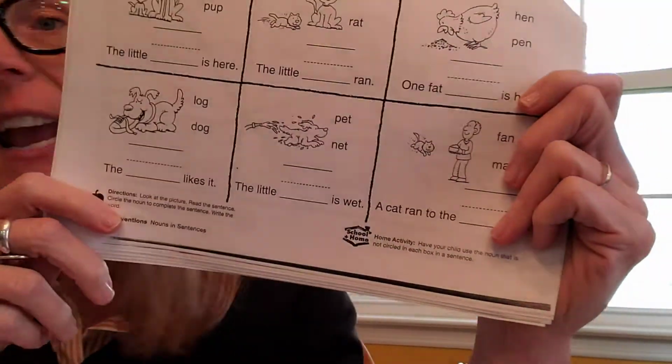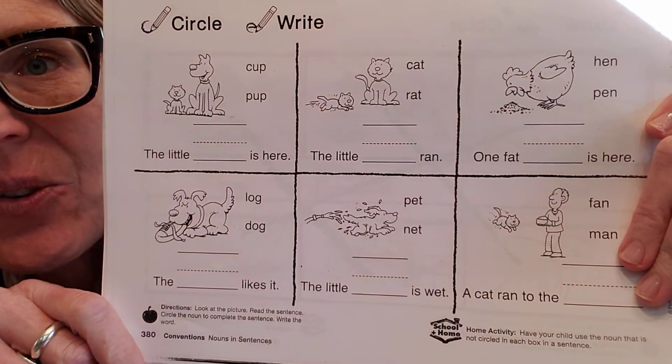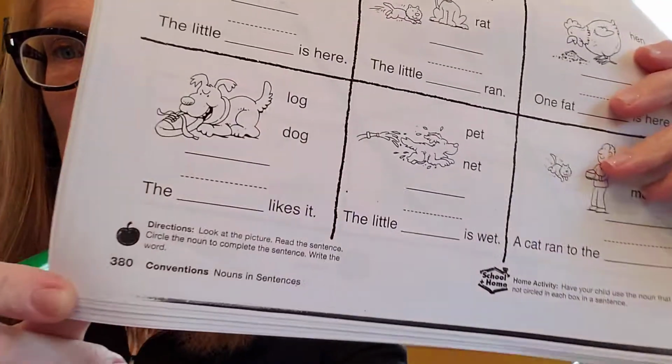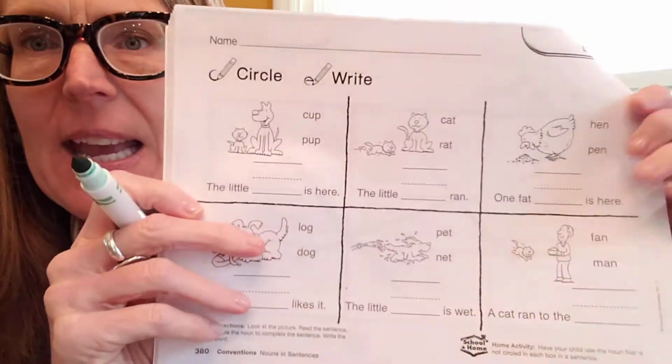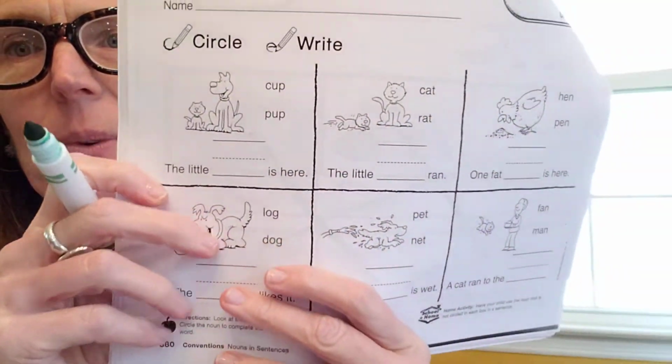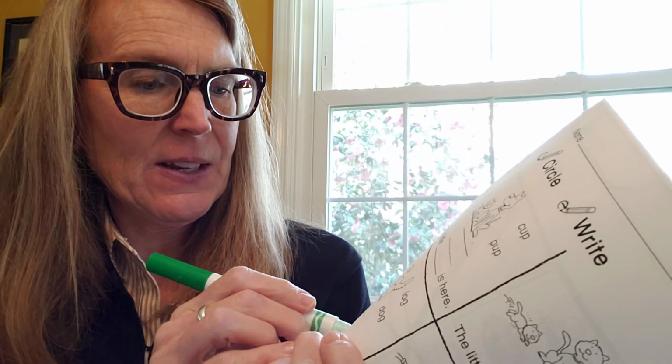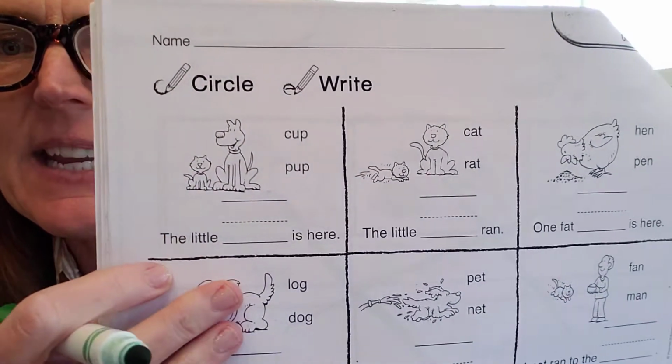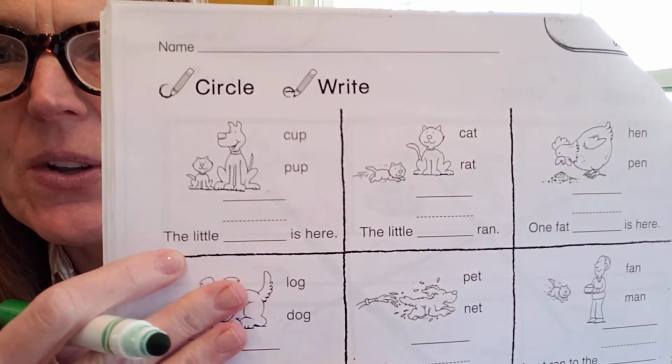You have your readers and writers at home, so you can open up to page 380. And we're going to look for the right noun to finish each sentence. So let's take a look. Open up your book to page 380, and we're going to look at the first one.